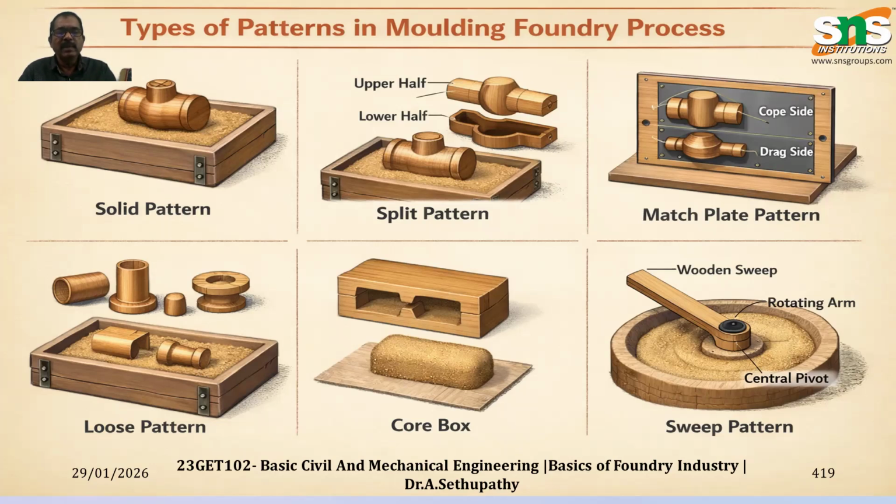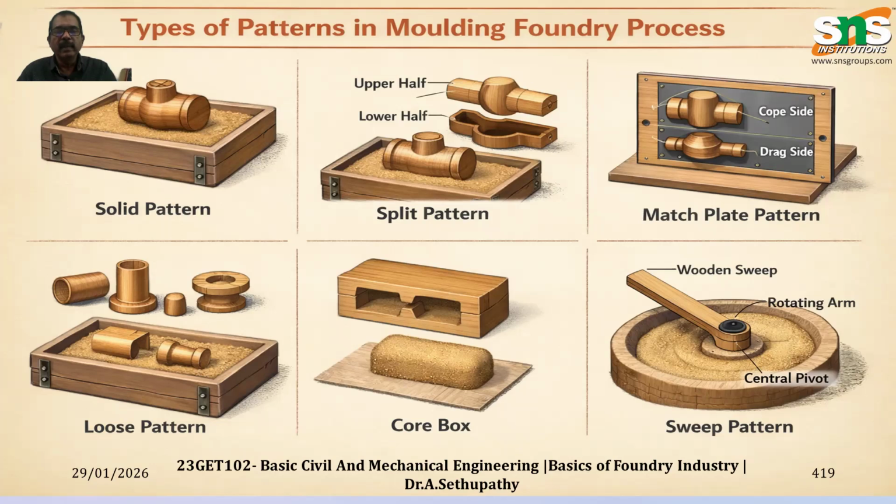The next one is the split pattern. This is two pieces of pattern we use to make the molds. One is the upper half and another one is the lower half. Generally, we use two molding boxes. One is the cope, the top side box. The other is the drag, the bottom side box.